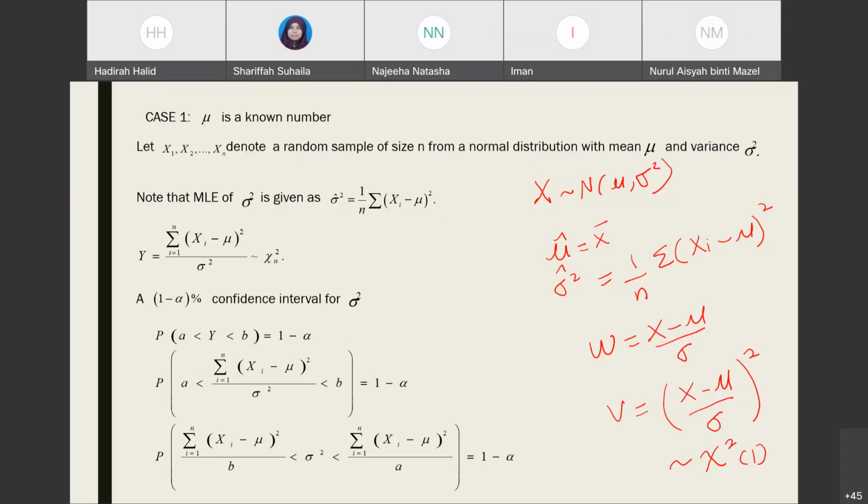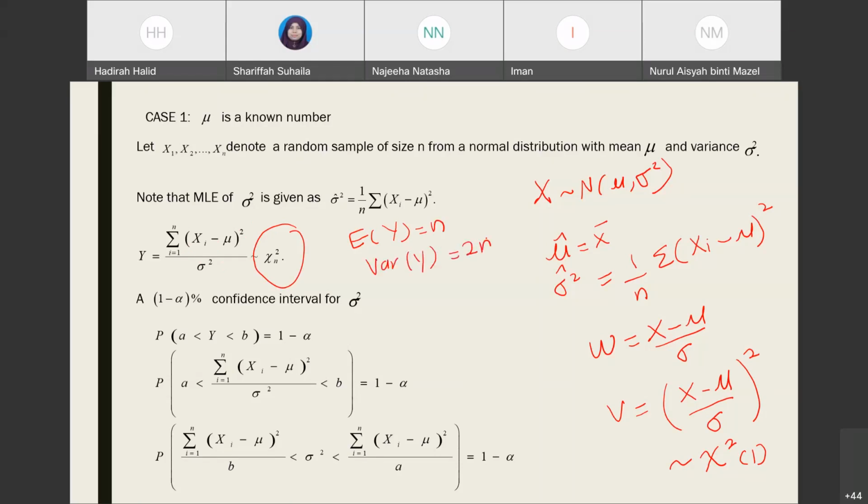But if you have your summation, let's say I just put here y equals summation of (xi minus mu) squared over sigma square. It will become a chi-square distribution with degree of freedom n. Okay, so in this case the degree of freedom is n. For the chi-square distribution, normally your mean, the expected value of y, is n, and your variance of y is 2n.